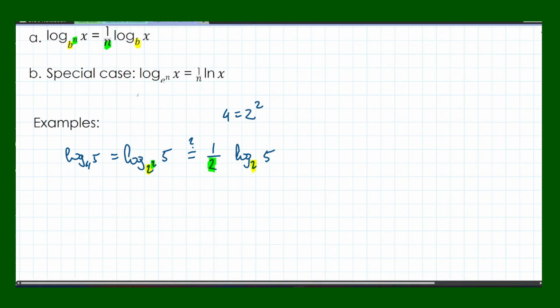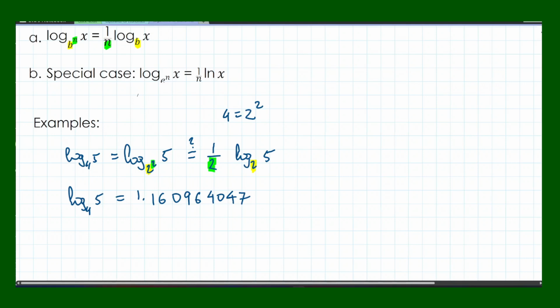So let's make a bit more space and then use the calculator to convince us that these two things are indeed equal. We know that log base 4 of 5, using the calculator, is equal to 1.160964047, and I've just copied over every single digit that my calculator displayed once I put this log into it.